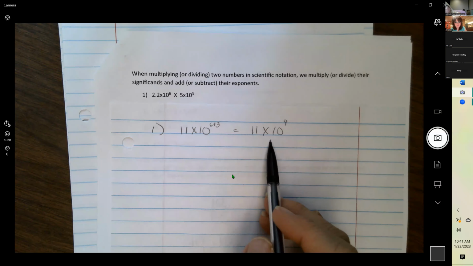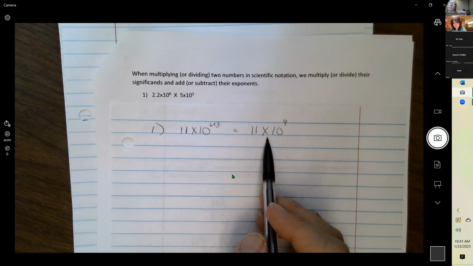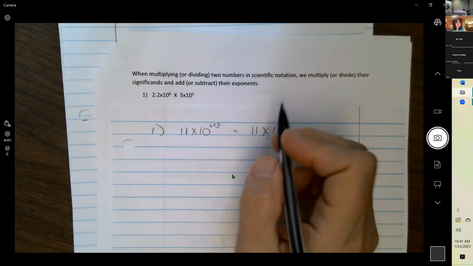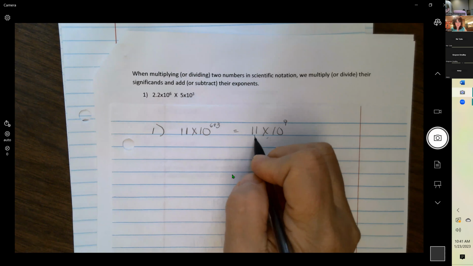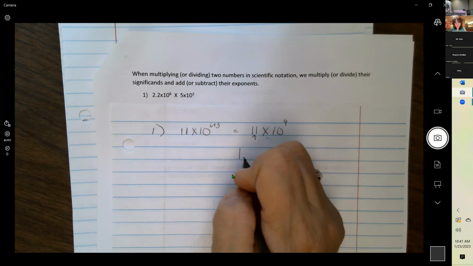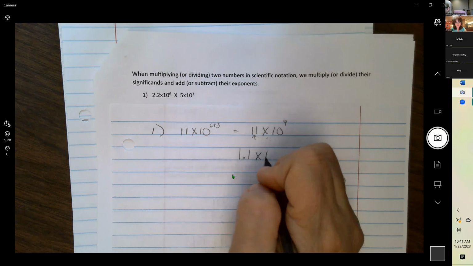Is this still in scientific notation? No, because it's larger than 10. So I need to move my decimal place here so that it's 1.1 times 10 to a power.